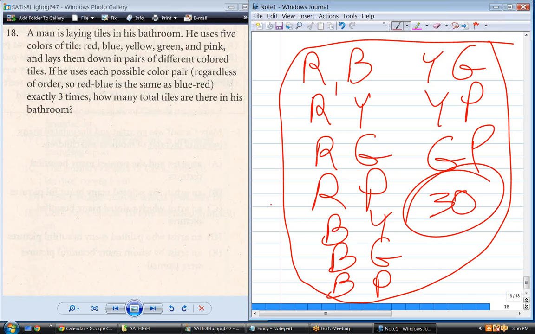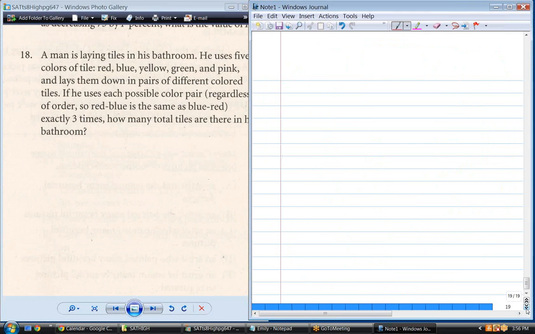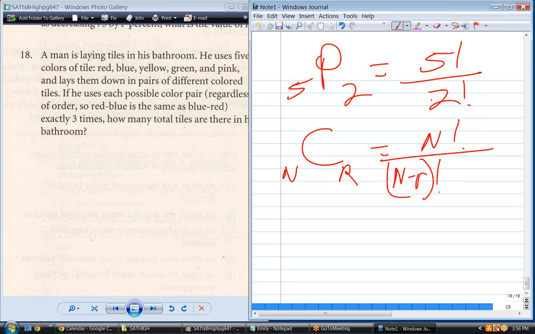Gotcha. Do you know what this is? No. That's 5 factorial over 2 factorial. In other words, n choose r is n factorial over n minus r factorial times r factorial.